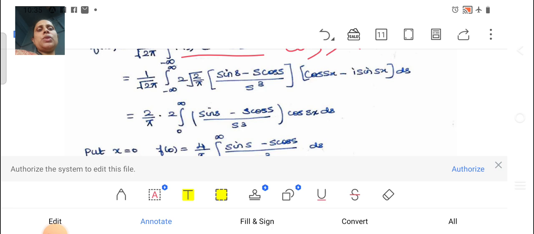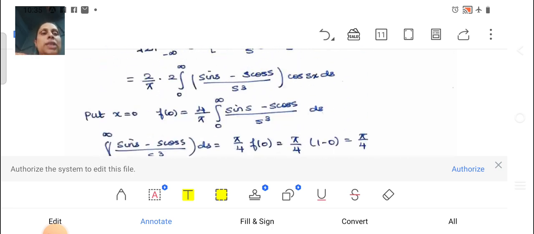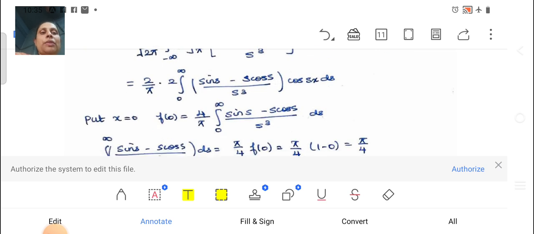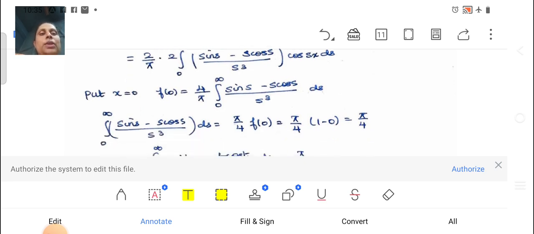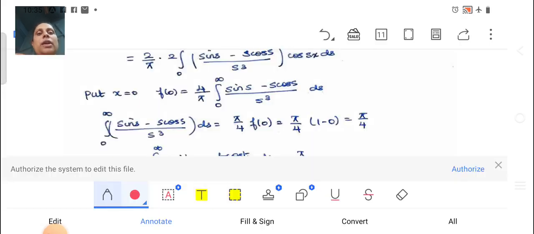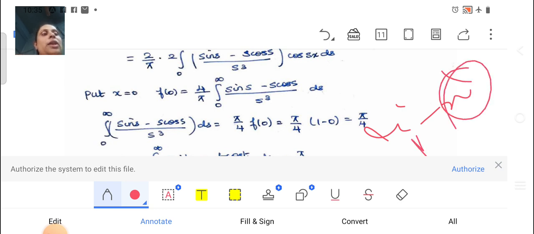Here we substitute x equal to 0 and a equal to 1, and we substitute on the left hand side also. So f(0) equals 4 by pi, integral from 0 to infinity of (sin s − s cos s) divided by s³ ds. Here f(0), with x equal to 0: f(x) is a² − x², so the value is 1.